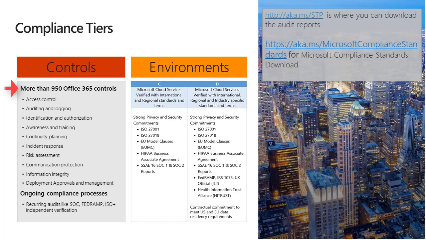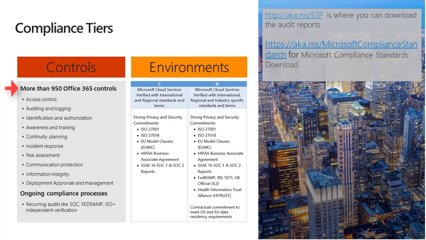Continuity planning, and that is for things like when the power fails, when there is a disaster, when there's a thunderstorm, when there's any kind of thing that affects the data center, because things do happen, then what happens when that happens? How do things ensure that there's continuous service for Microsoft Teams and Office 365? Incident response. When something happens, what processes exist and how do people react to make sure that that incident is mitigated and fixed as quickly as possible?